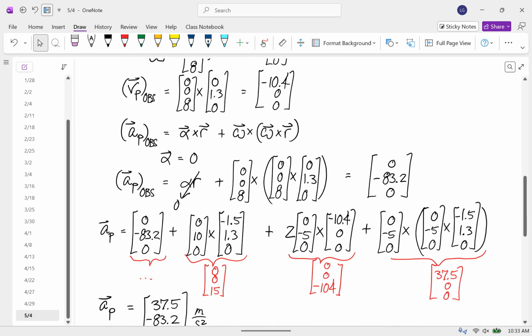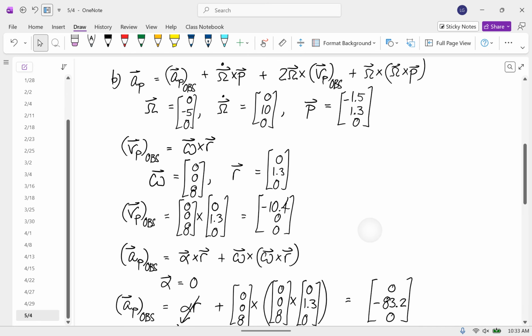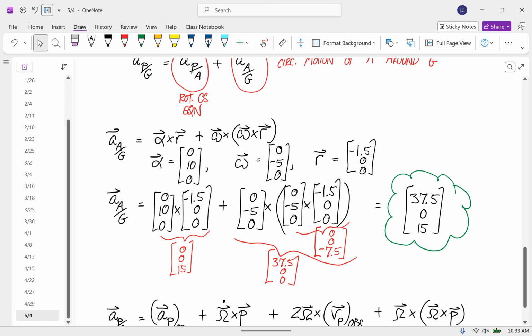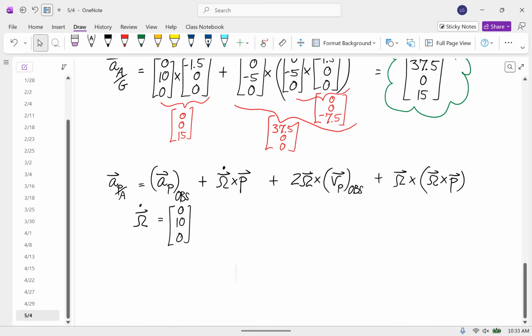Okay, so this is going to be 0, 10, 0, and capital omega is 0, negative 5, 0.